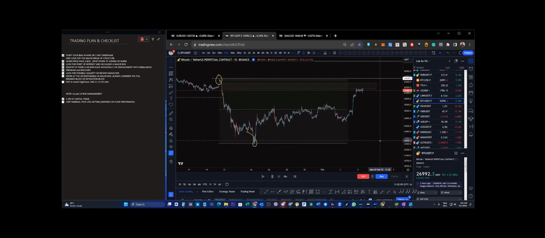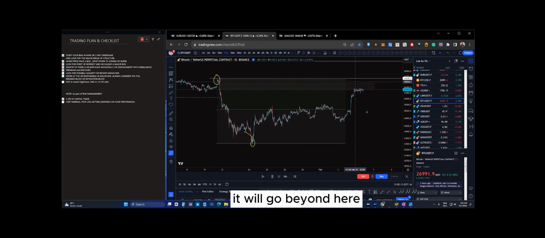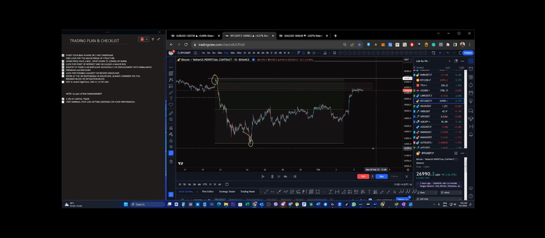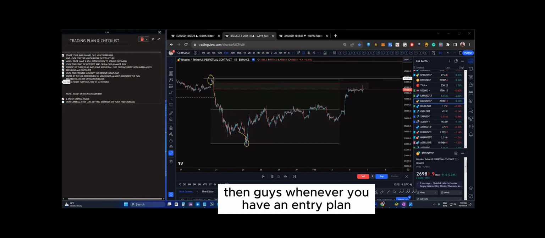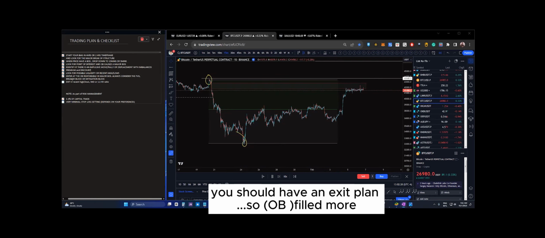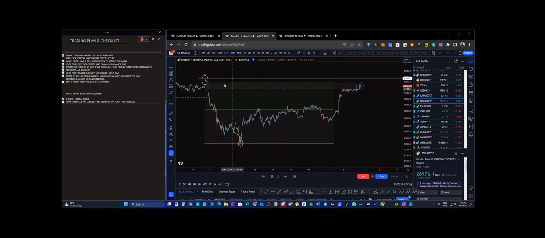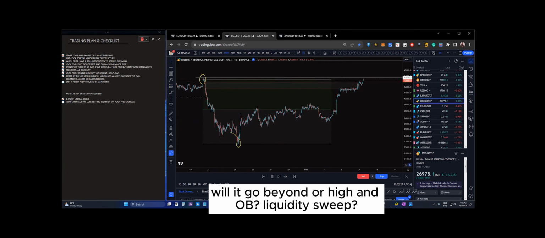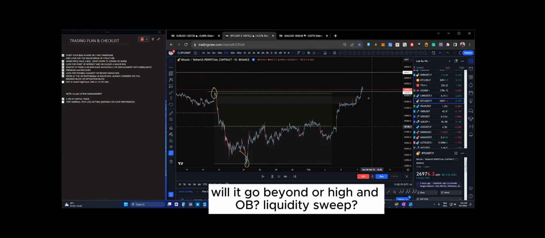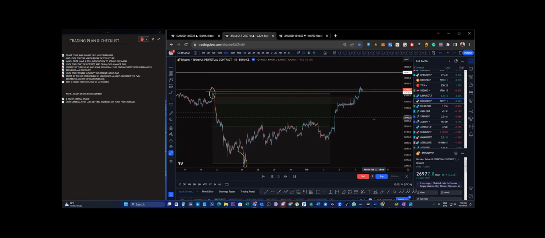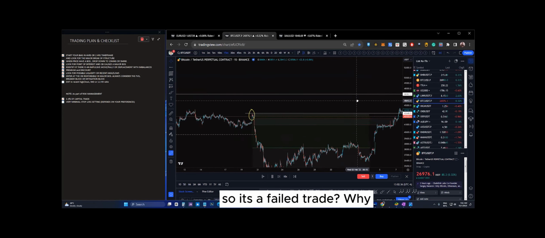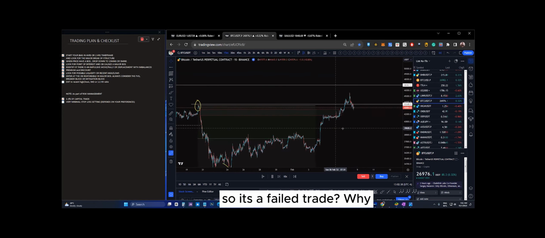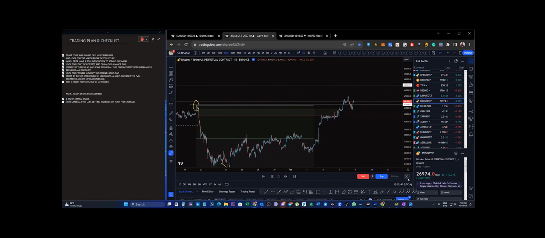Okay. It will go beyond here. So, kailangan din guys, whenever you have an entry plan, you should have an exit plan. So, field more, masasapol kaya niya yung ating highs, liquidity sweep, meron dito. So, fail tayo dito. Kasi yung stop loss mo. Saan siya pumasok? You have to review.